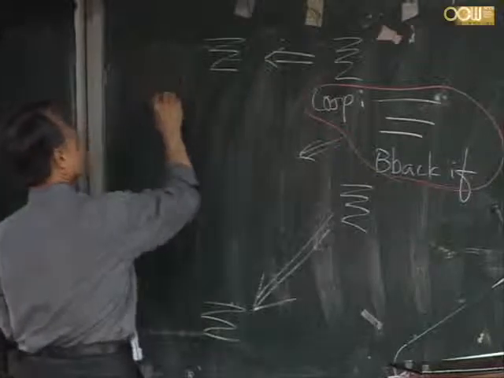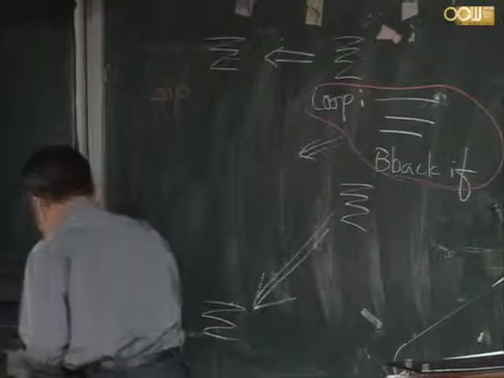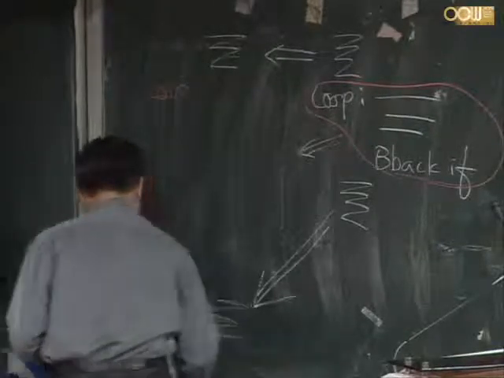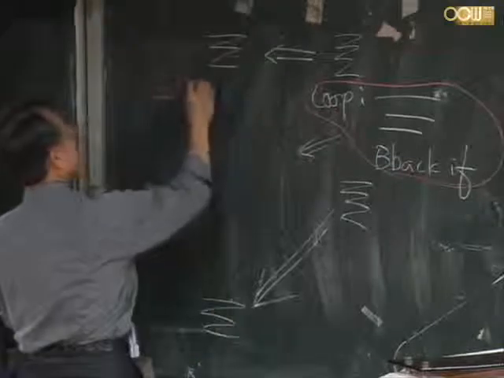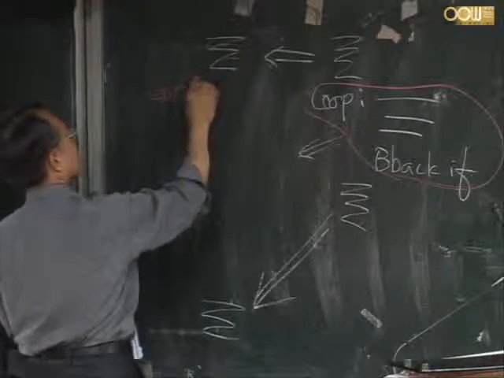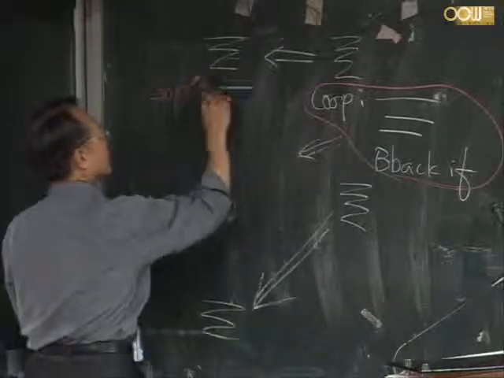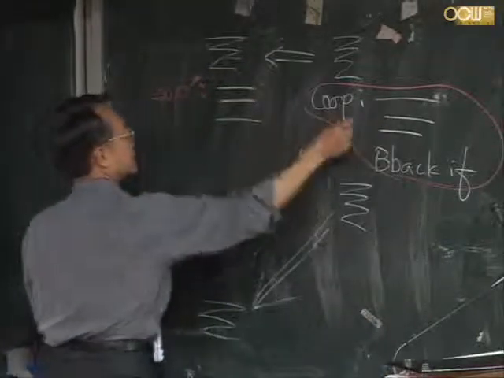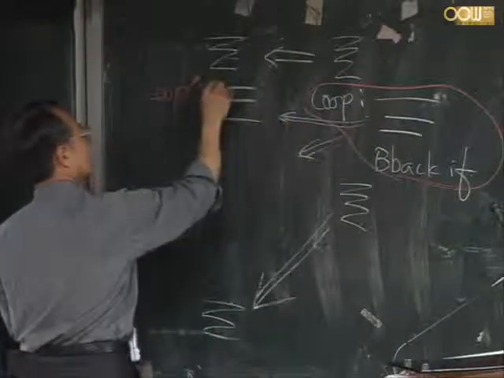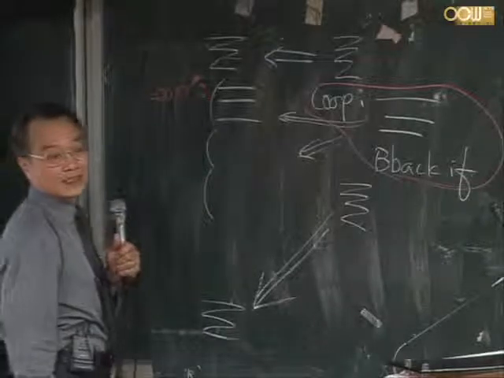Loop prime. This is no more the original loop. And now you have this, but duplicate it, say 3 times.